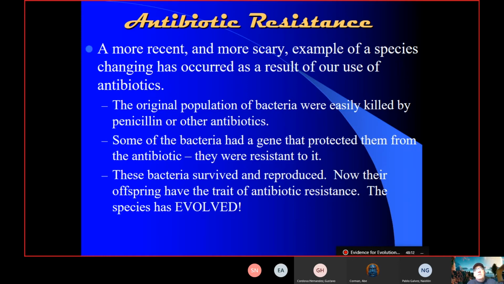So if a person took penicillin, for example, and it killed 99% of the bacteria that they were infected with, but the 1% that survived had a gene that protected them from the antibiotic, what's left to reproduce? That 1%, right? And so that is what we mean by antibiotic resistance.